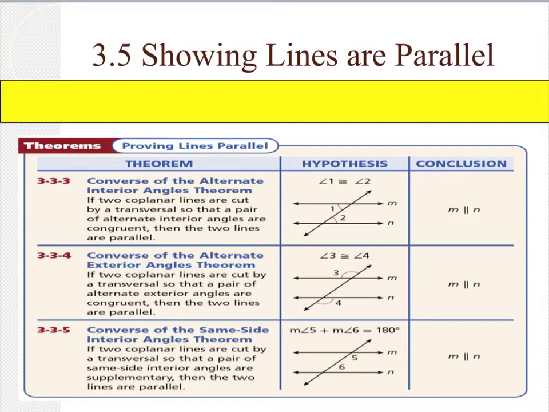If those are supplementary, then the two lines are parallel. So you need to know those pieces of information to know that those two lines are parallel. So corresponding converse to corresponding angles, converse of alternate interior, converse of alternate exterior, and converse of same side interior angles. You need to know those converses to see if those lines are parallel. All right, so finish that one up.